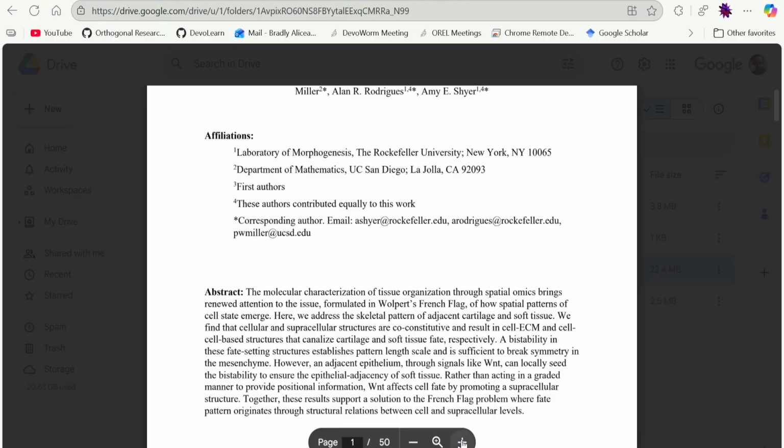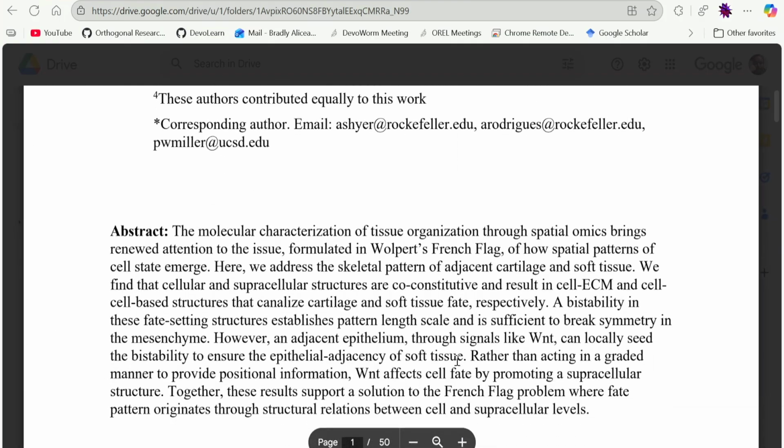What they're looking at here is the French flag problem. So the French flag problem is how you get a French flag from a random array of cells. What that means is in morphogenesis, usually we're interested in pattern formation. And a lot of times in development, that manifests itself in striping.